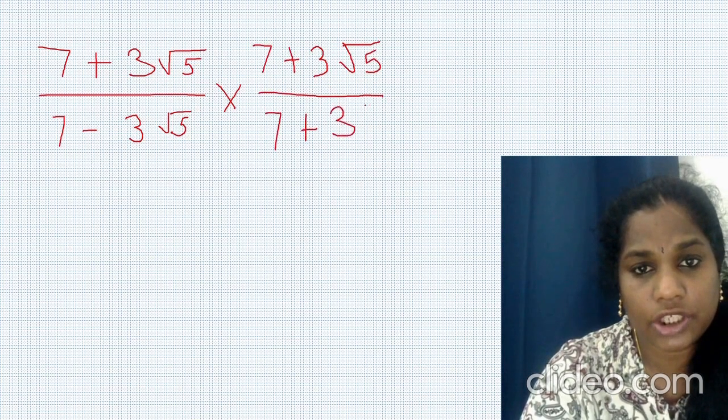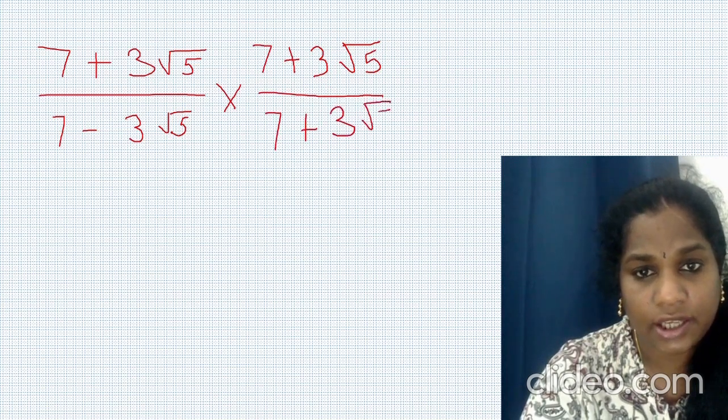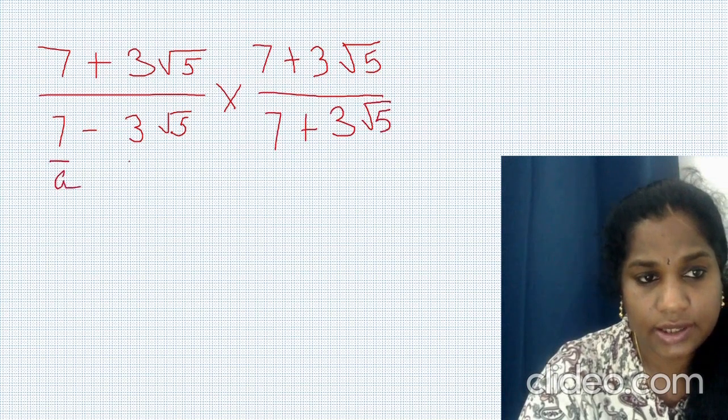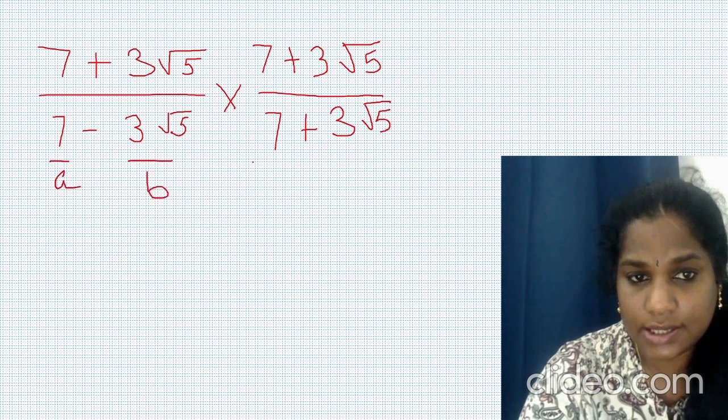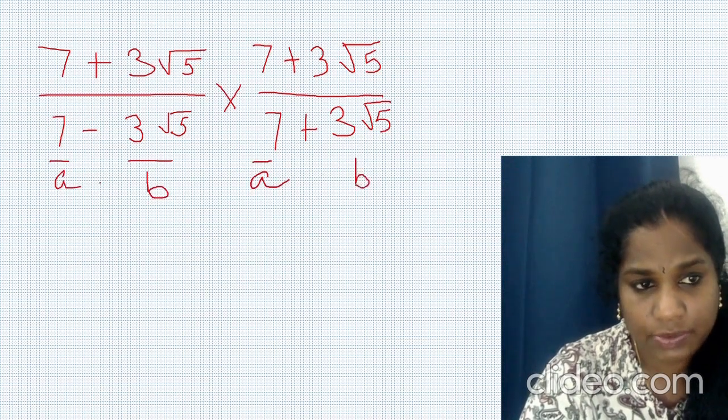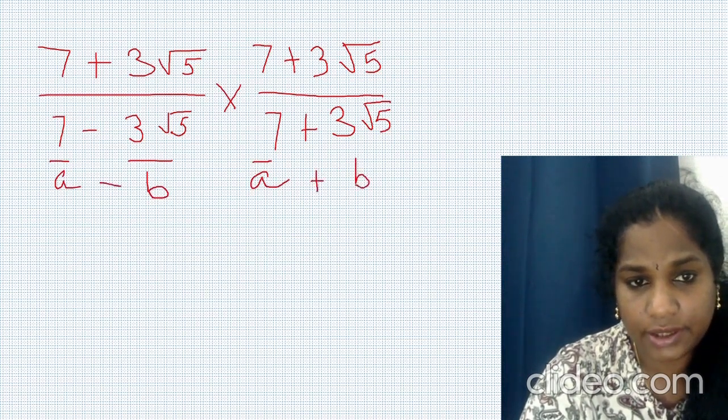Just look at the denominator section. If you look at it carefully, this is your A and this is your B. I will just put the operator here and put them in brackets.